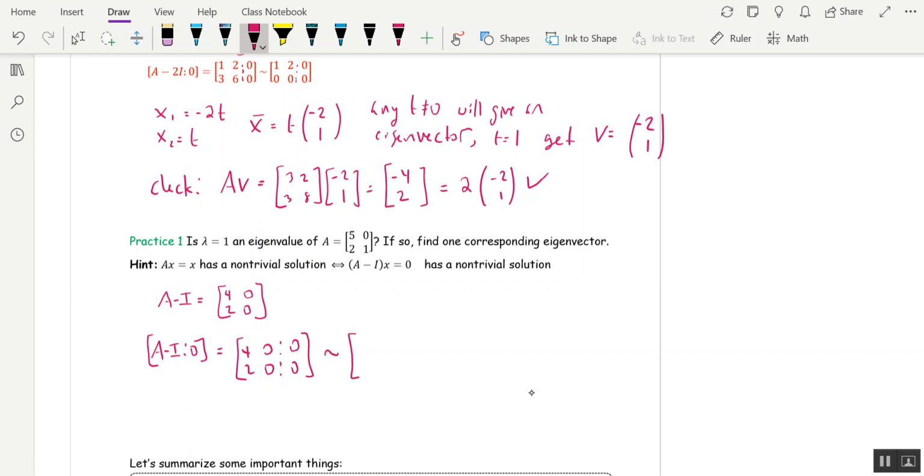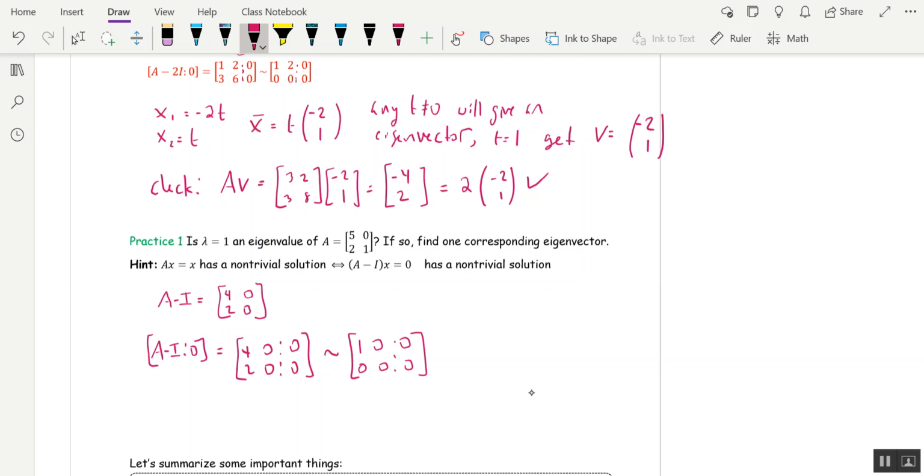I can do a bunch of things at once. Multiply row 1 by -1/2 and add it to row 2, and that will kill off row 2. It'll be all zeros. And then divide row 1 by 4. So we'll finally get 1, 0, 0, 0, 0, 0.